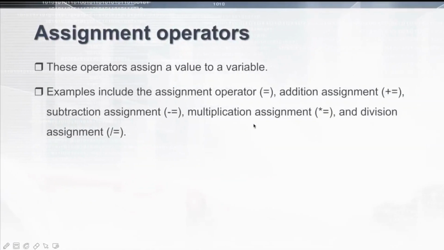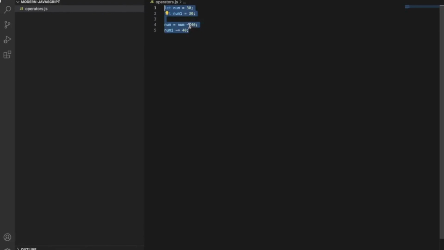Okay, then we have the multiplication assignment operator. In this case we have this asterisk here, and this will be the expanded version, and this is the multiplication assignment version. So if I want to use the multiplication assignment, this is how you use it. You say num1 asterisk equal to 40.